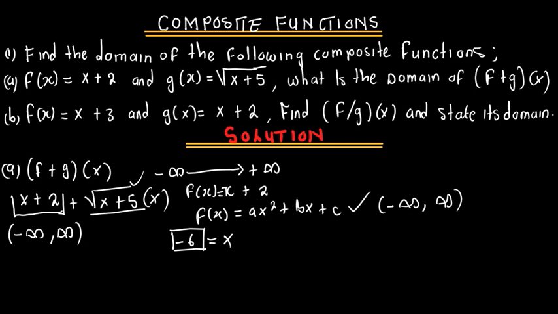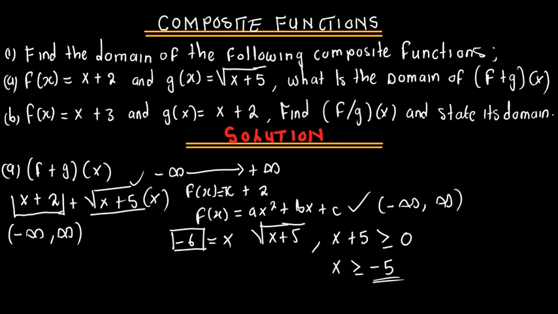So in this case, we have x plus 5. Then we say let it be greater than or equal to 0. Then this is going to be x greater than or equal to negative 5.